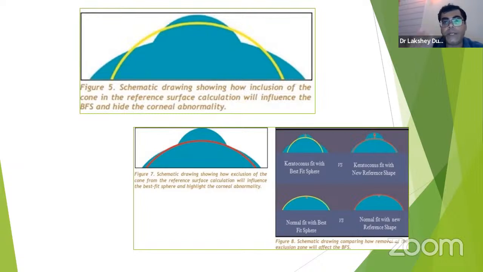So this is the Belin-Ambrósio display in which we exclude the central 3.5 mm. So the central part is excluded. So instead of a best fit sphere, we use an enhanced best fit sphere. This pronounces or makes it easier to detect any elevation.